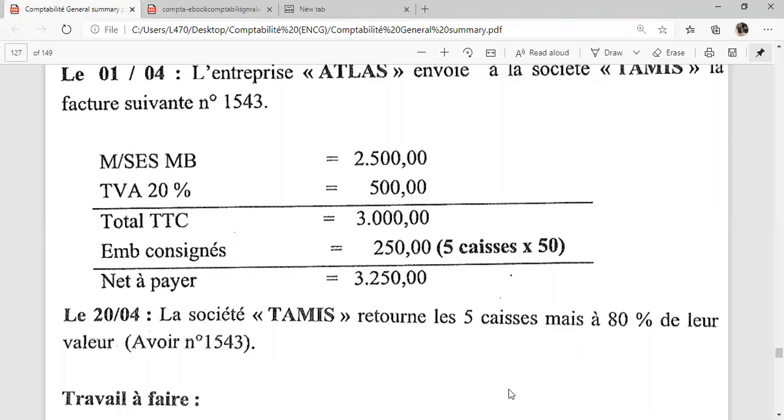So this facture really skipped out a lot of stages, but you are supposed to know them by now. We did the réduction commerciale, we did the réduction financière, we added the transport, we added everything.